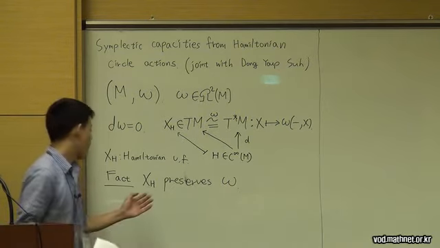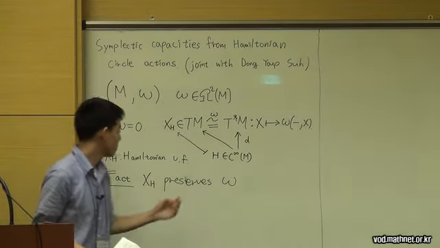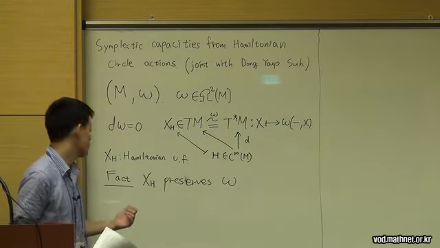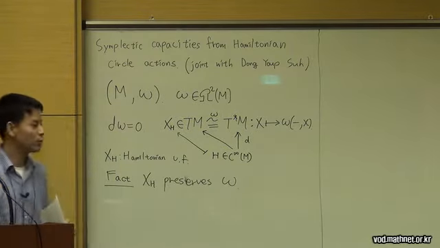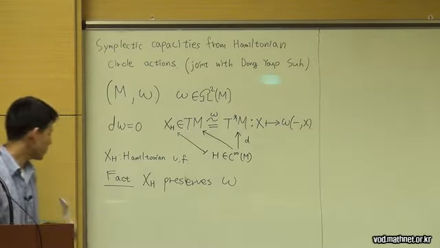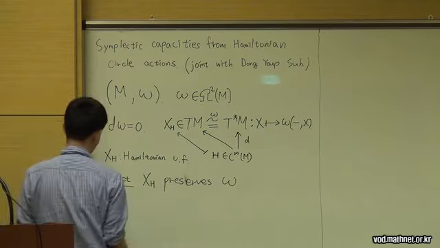What this means is that any smooth function gives us an automorphism of the manifold. So symplectic geometry is very flexible. But on the other hand, it also has rigidity properties, and this is well shown in the following theorem.